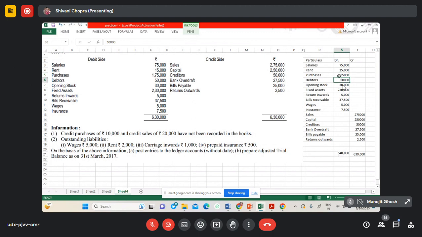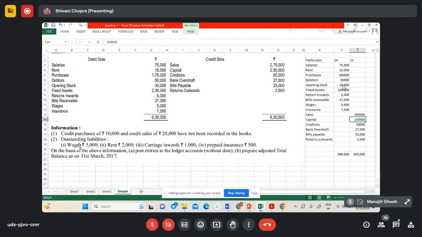It will become 1,85,000. Okay. Now credit sales of 20,000 have also not been recorded. So let's record sales as well. So you record sales 2,95,000. The outstanding liabilities: wages of 5,000.